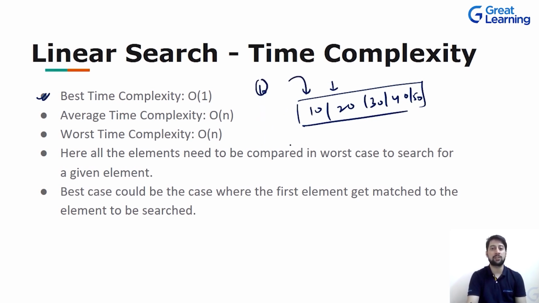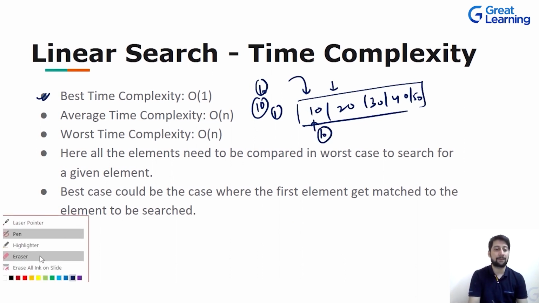How many iterations did it require to find the 10? None, right? Constant time. Only one single unit operation was done and you were able to find this 10. So this is the best case time complexity, where the element that you're trying to find is the first element that you search. In this case, you are looking for 10 and 10 is the first element. So this is your best case.